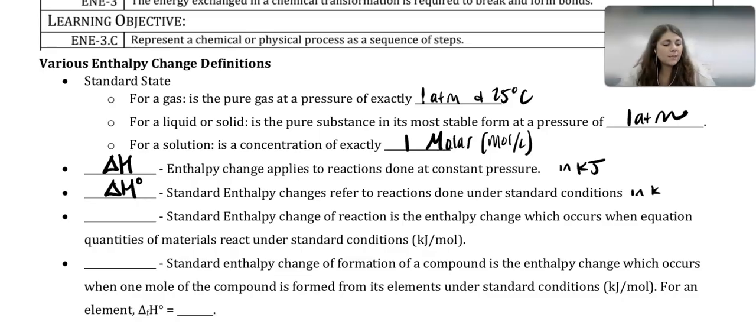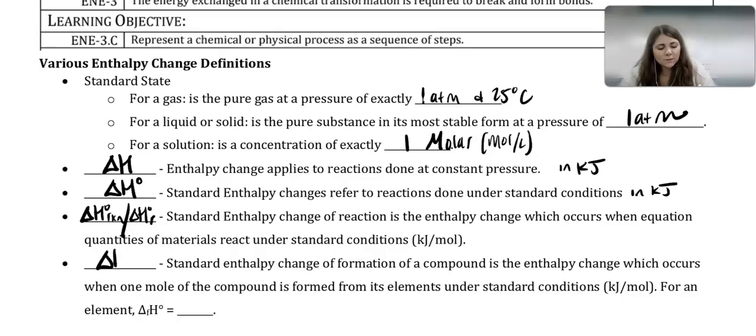Here, this is still going to be in kilojoules. If you ever see delta H reaction or delta H R, this is the standard enthalpy change of a reaction. This is going to be the enthalpy change which occurs when quantities of materials react under standard conditions. This will be in the units kilojoules per mole, okay?